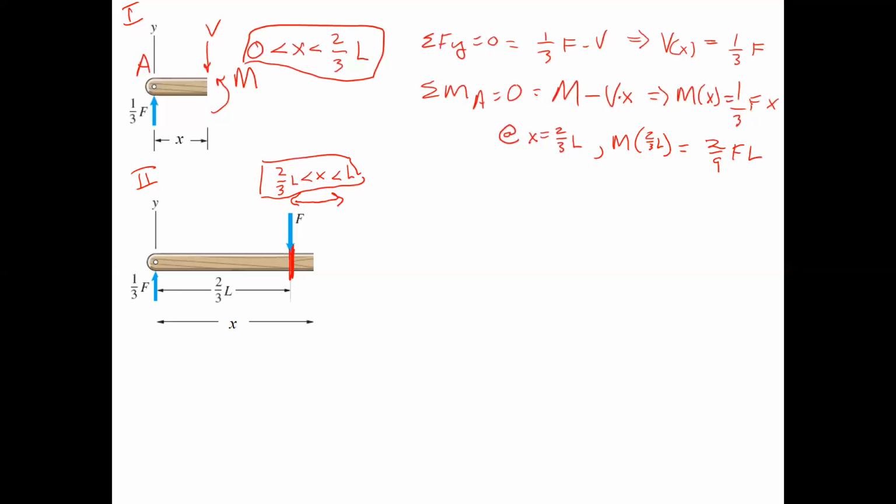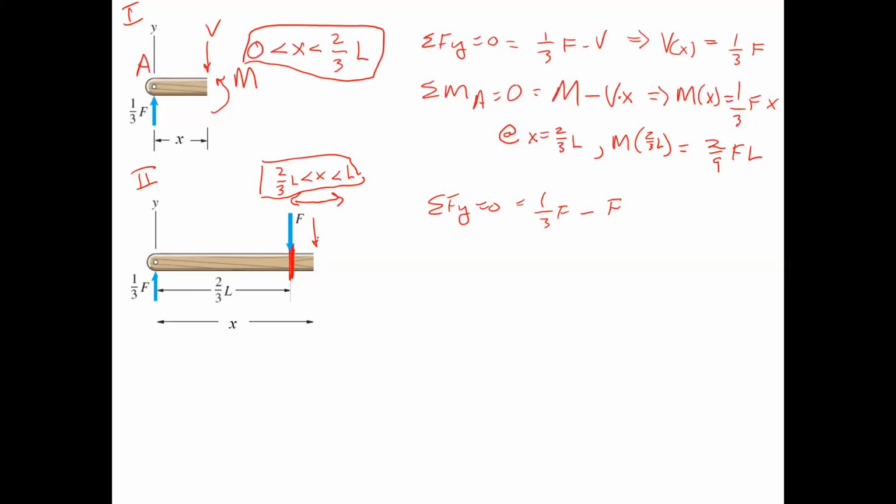So in region 2, we do the equations all over again. This is a very redundant kind of process. The sum of the Fy's equals 0. In this case, we've got our 1/3 F on the left. We've got a minus F going down, right at that point there. And we didn't label our forces.